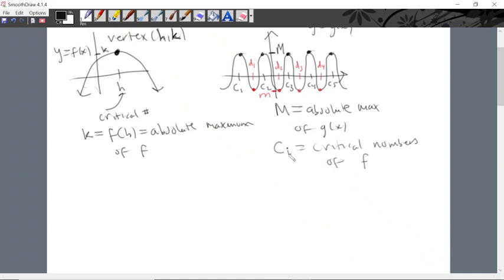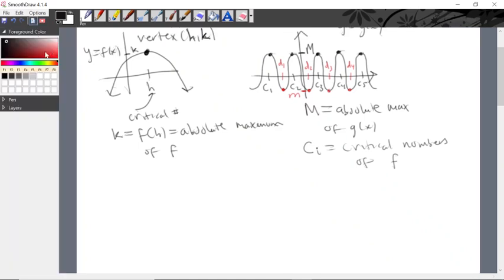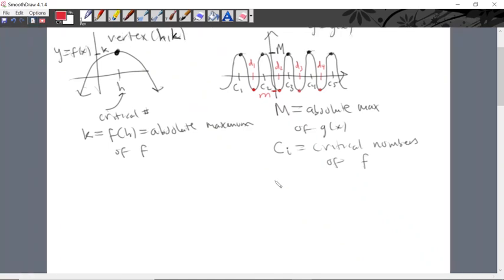So we have C1, C2, C3, C4, and C5 in this case. And now I'm including that lowercase m, the output, the y value that is an absolute minimum of the function g of x, and all the d sub i are also going to show up in the list of critical numbers.